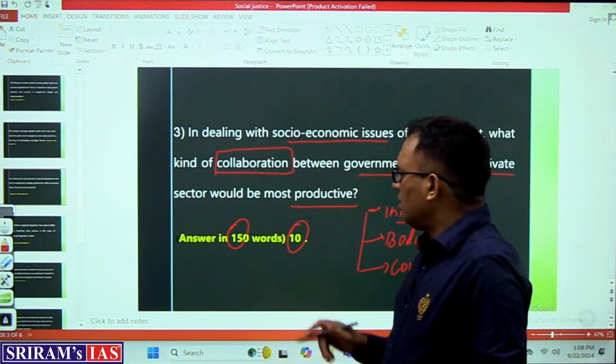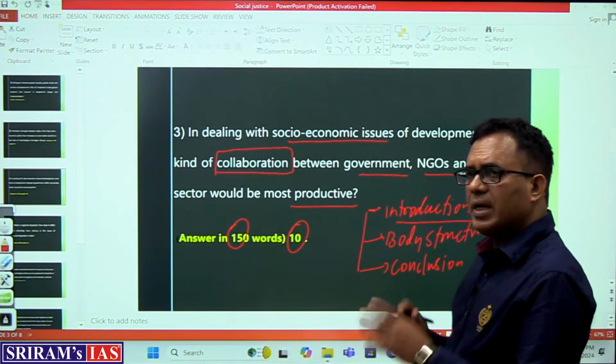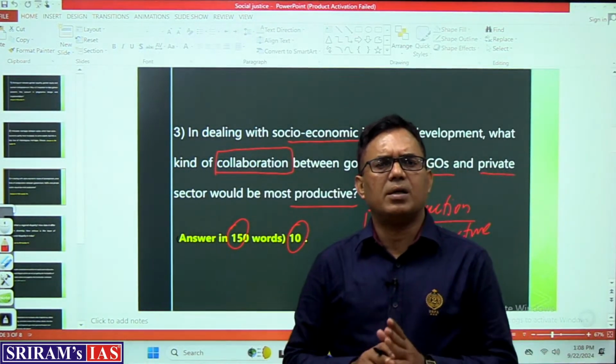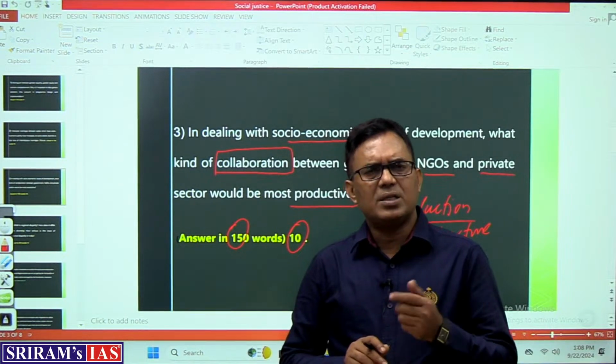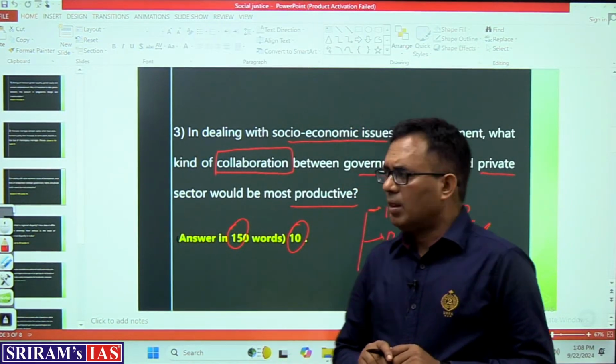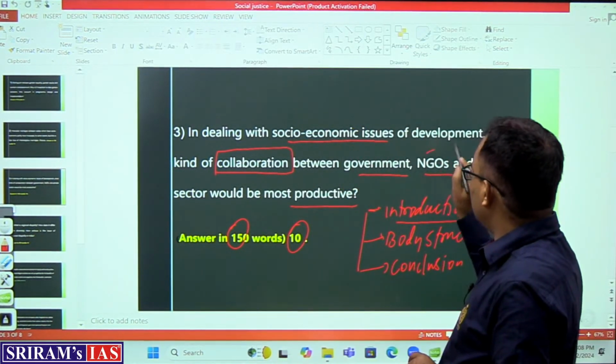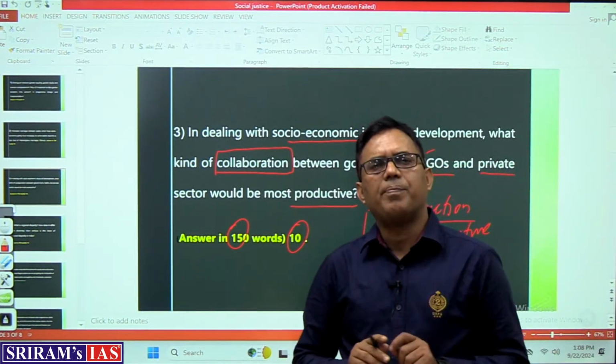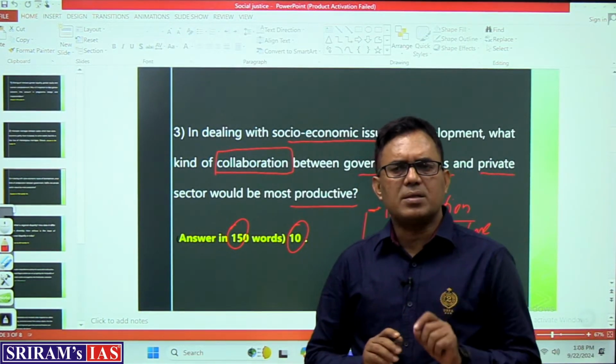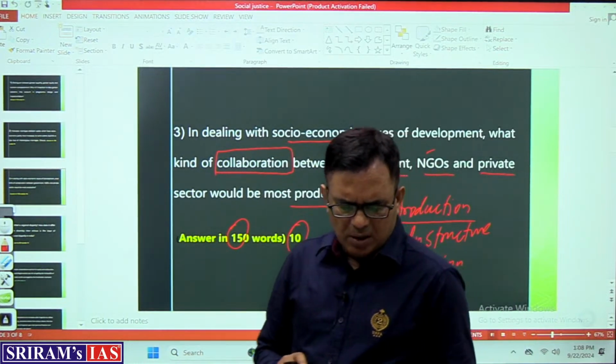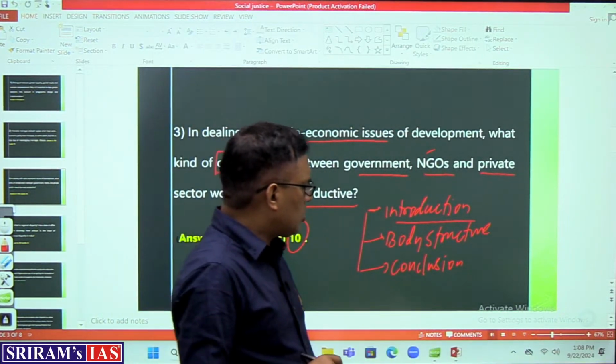We can define three sectors. Government is considered the public sector, then there is the private sector, then the third one is the NGO, considered the third sector of society, the non-profit sector. So three sectors of society.